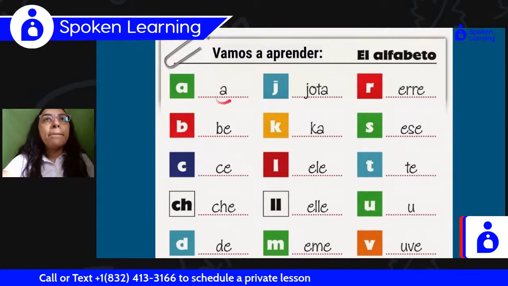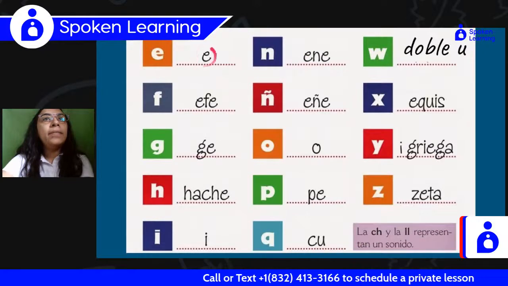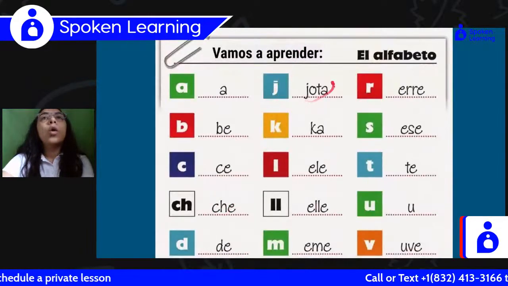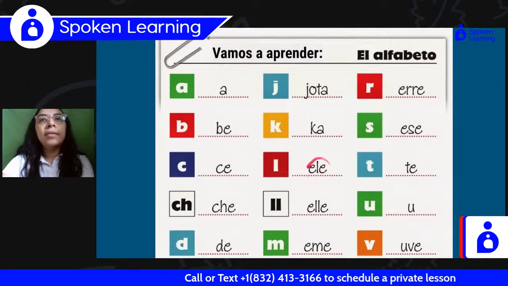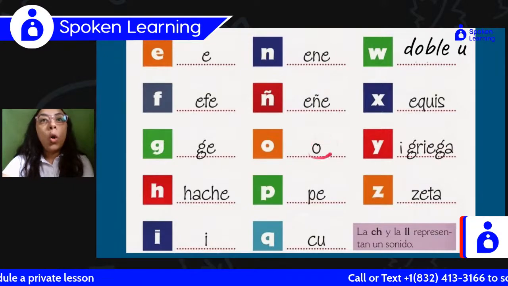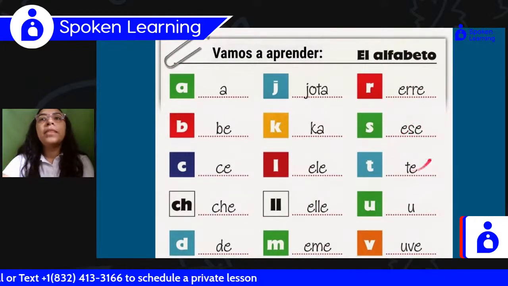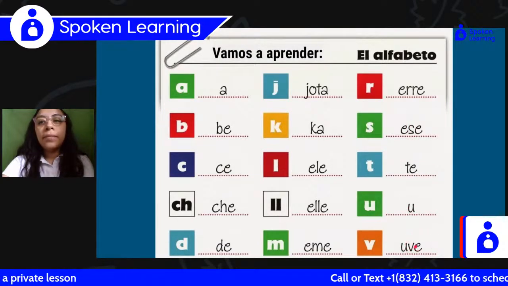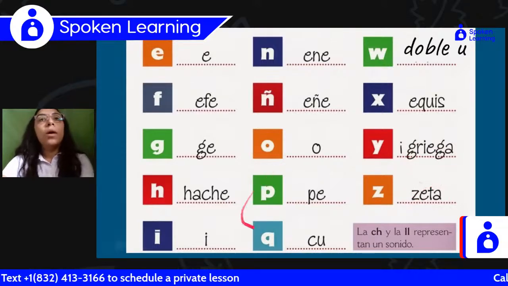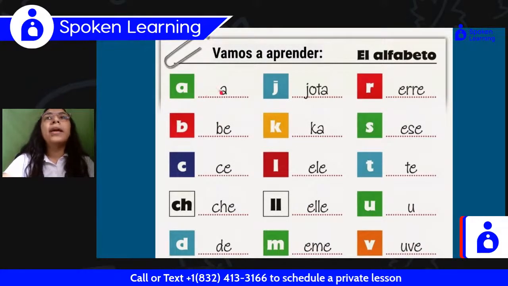This is A, B, C, Ch, D, E, F, G, H, I, J, K, L, Y, M, N, Ñ, O, P, Q, R, S, T, U, V, W, X, Y, Z. So all of those were the names of the letters in Spanish, okay? That's our alphabet, okay? Ese es el alfabeto.